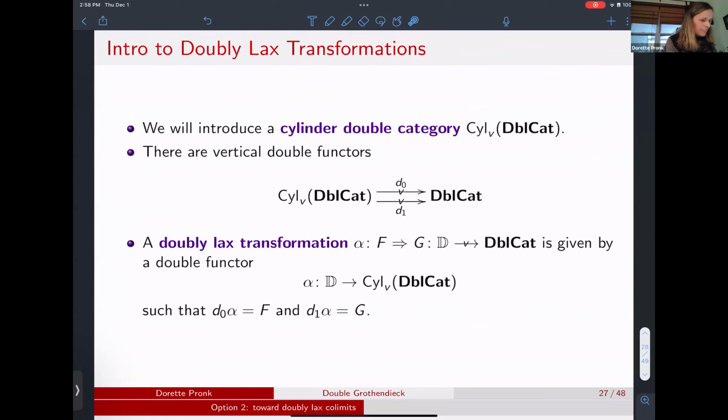So we'll see that from these vertical cylinders, we'll have a domain and a codomain functor into double cats that are vertical. So they're really functors into Q double cat V. And a doubly lax transformation is then given by a functor into the cylinder category, just like Benabou defines transformations for bicategories.